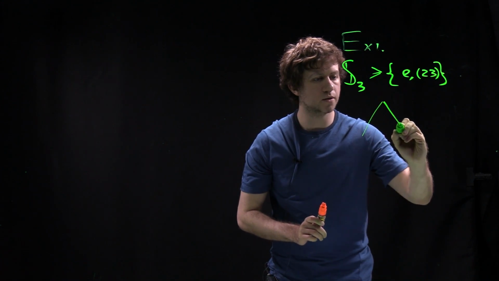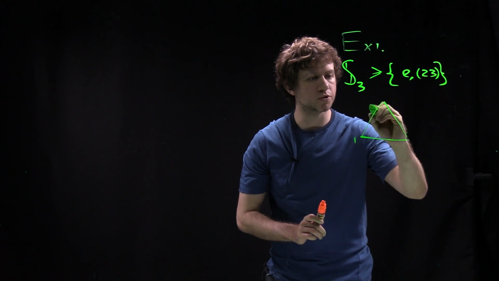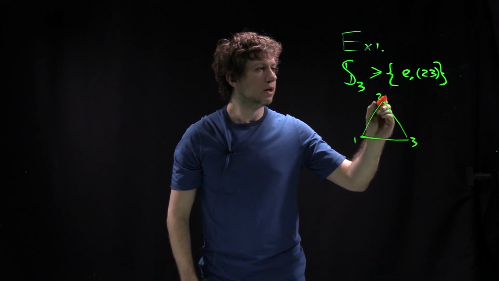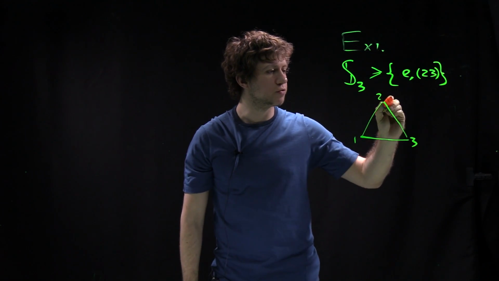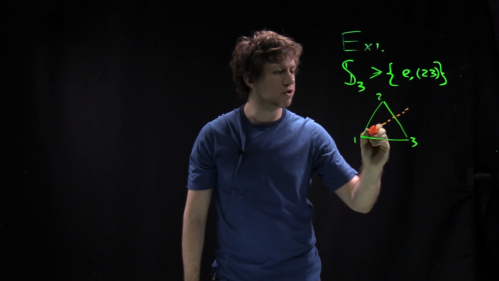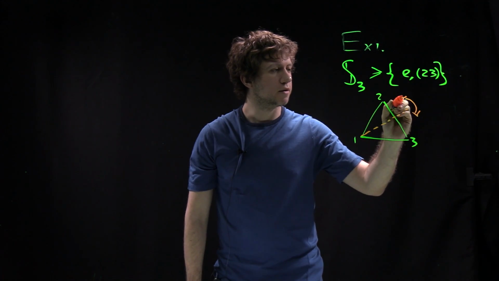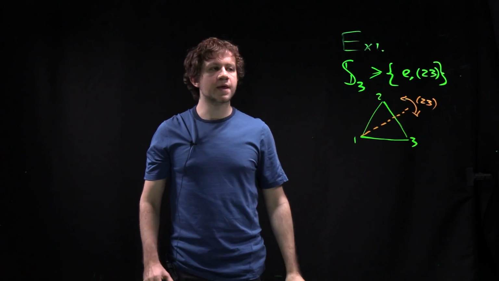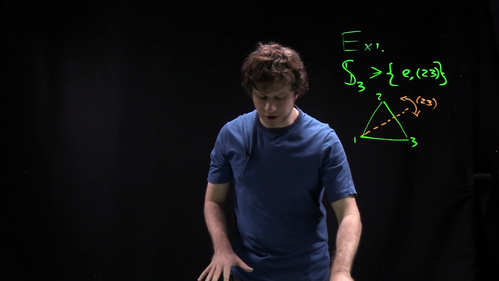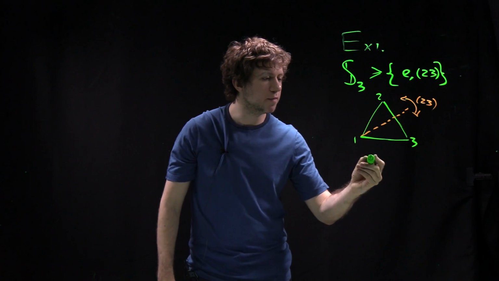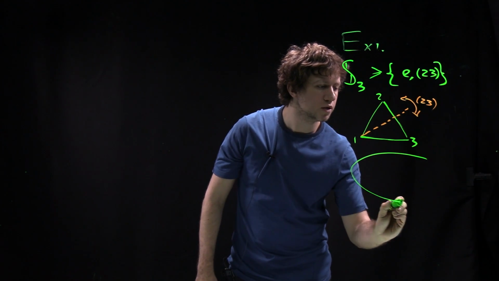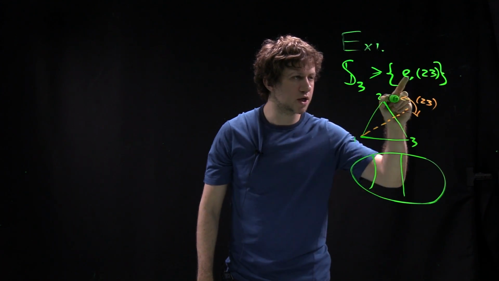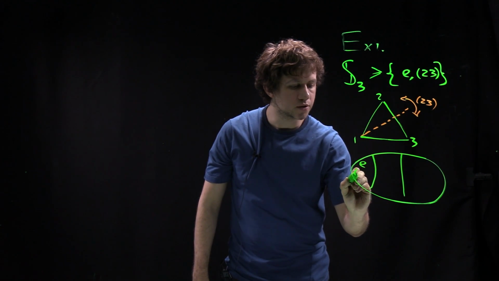We have a triangle with vertices 1, 2, 3, and then identity and (2 3). (2 3) is a symmetry reflecting our triangle. And then the idea is that all my permutations, so there are 6 of them, can be partitioned into 3 cosets. One of them will be, of course, our group itself, {e, (2 3)}.